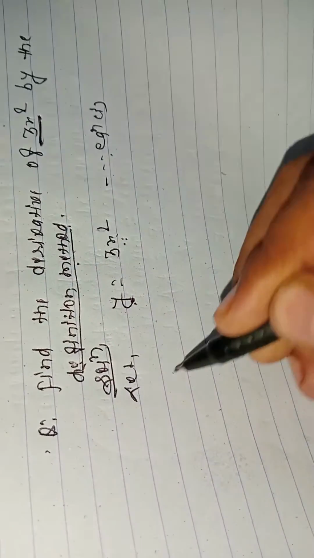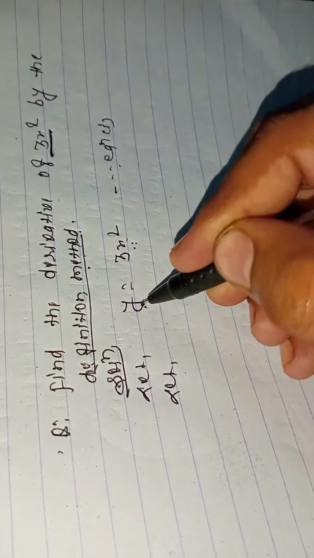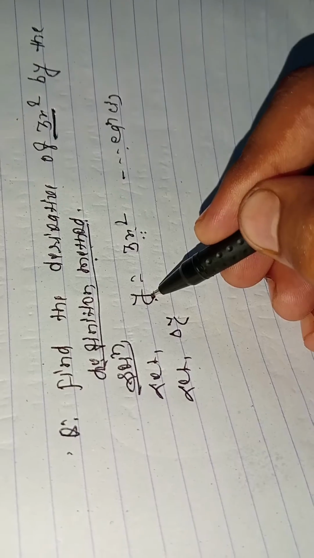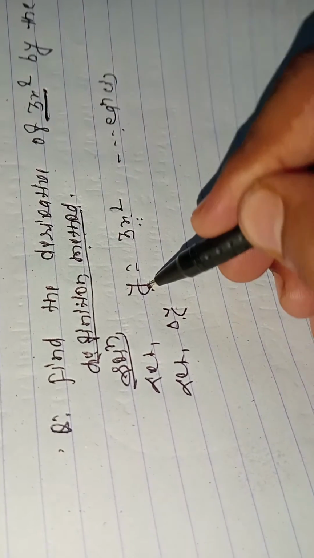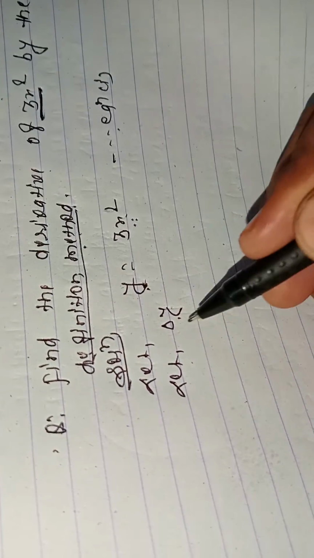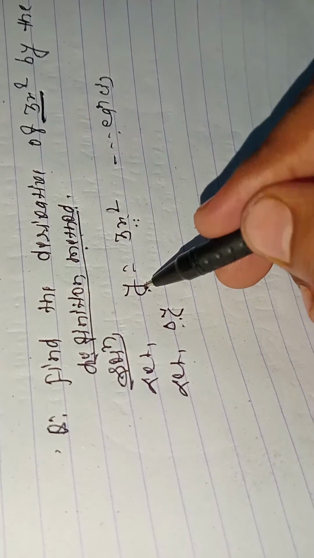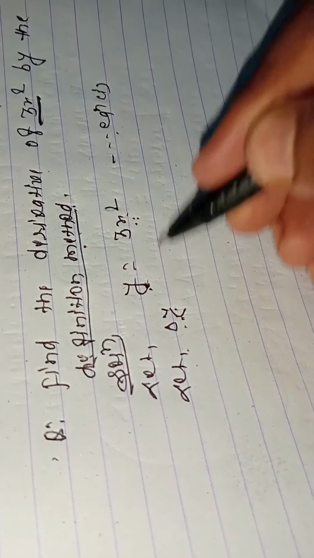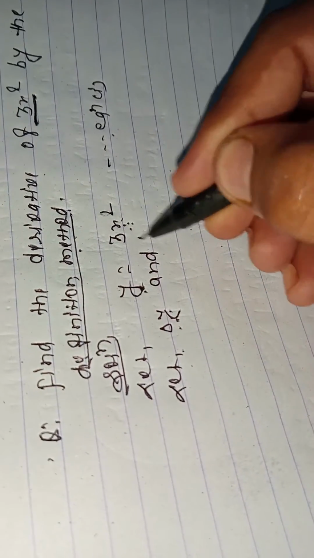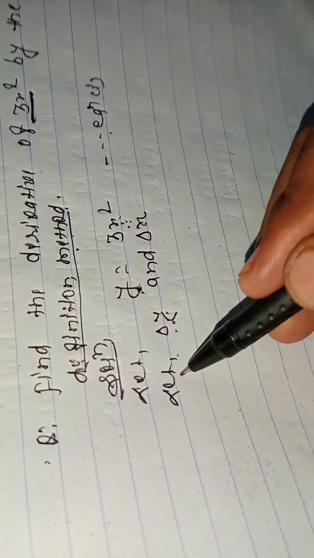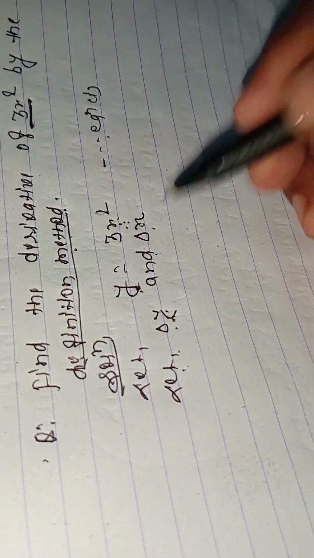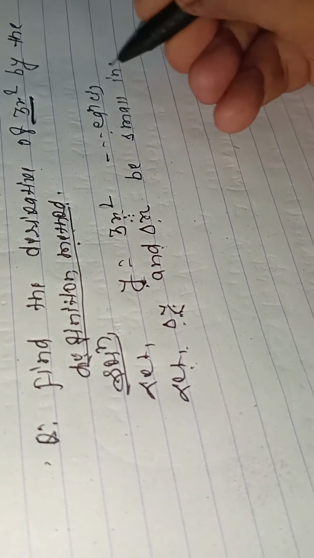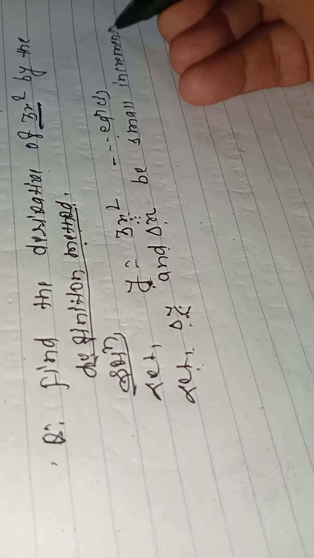Now, when you write y equals 3x square as equation 1, you have to write down: let the LHS component be y, so delta y. If it were z, delta z. Otherwise, you use delta with whatever component you have. So let delta y, and then for x, delta x. Let delta y and delta x be small increments.